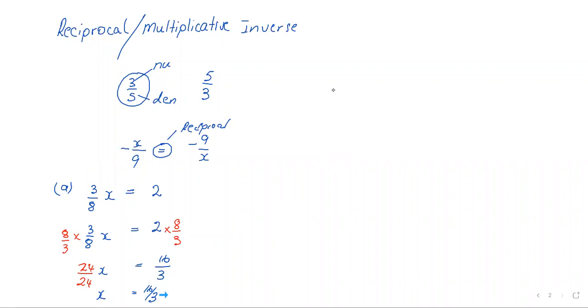Now let's take B and C. Take B here and write negative 2/3 B is equal to 6.